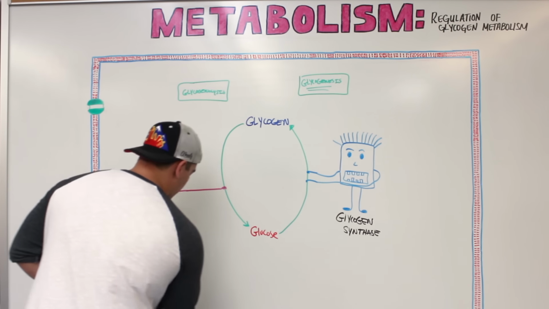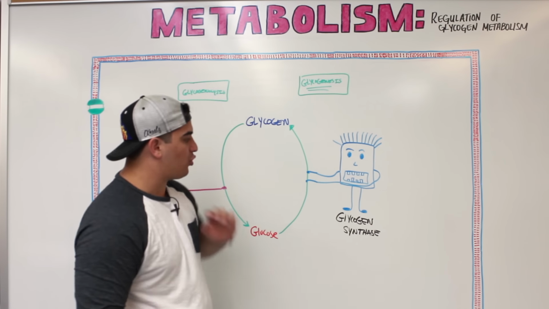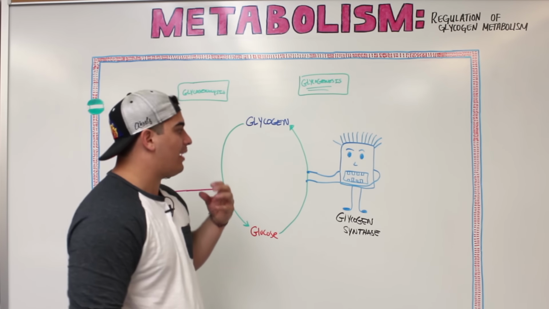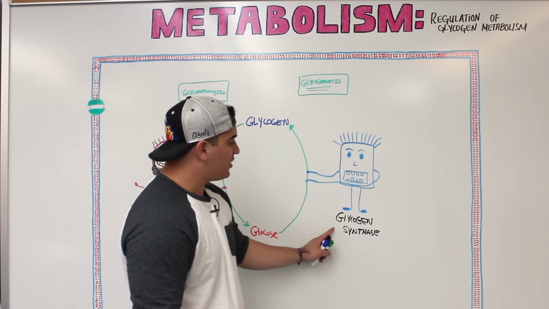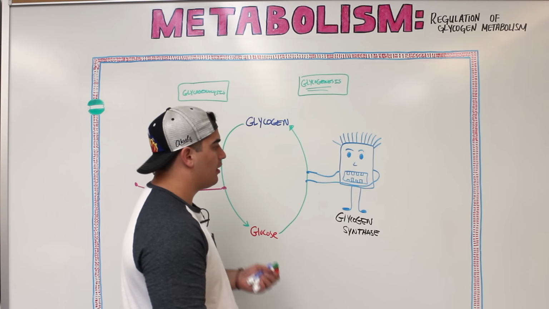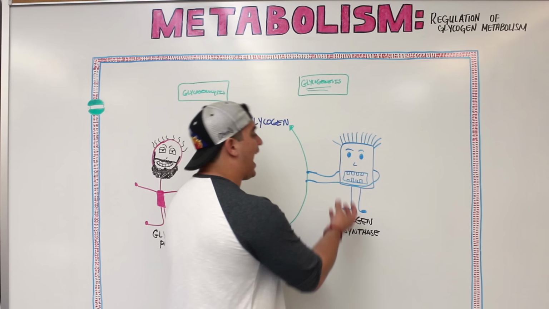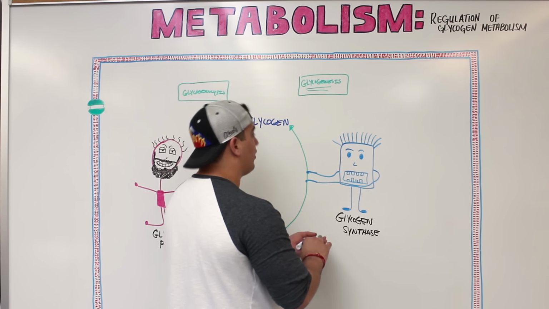Now, it's not enough just to know that. We have to know what's controlling this enzyme and what's controlling this enzyme. It's not too bad if we think about it logically. Glycogen synthase wants to make glycogen. So, what would be a stimulus of this reaction? The main powerful stimulus is allosteric, because we're going to do two types of regulation here.